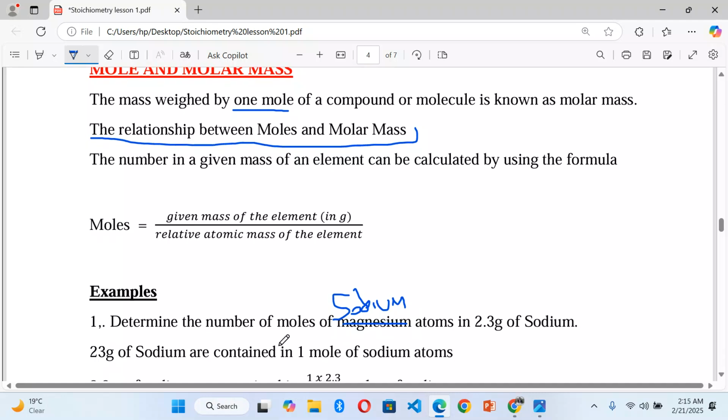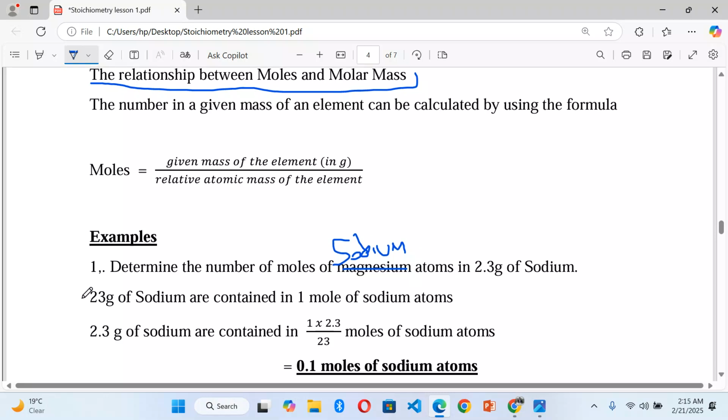In our solution, we're saying that 23 grams, the 23 is the molar mass of sodium, because we have already seen that 1 mole of a given substance is equivalent to the relative atomic mass or relative molecular mass of that substance. So 23 grams, which is the molar mass of sodium, are contained in 1 mole of sodium atoms.